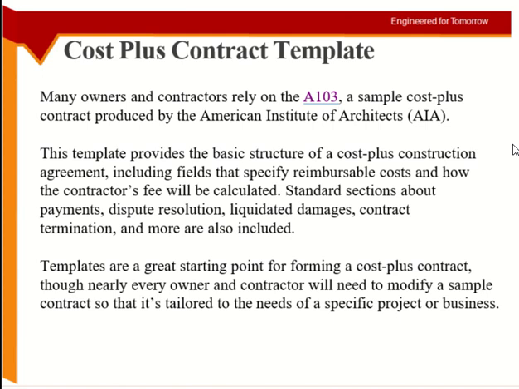What are the costs for which you can be paid, and on what basis the contractor fee will be calculated. They also have standard sections about payments, dispute resolutions, and any conflicts and how to deal with them. They have a standard for that.